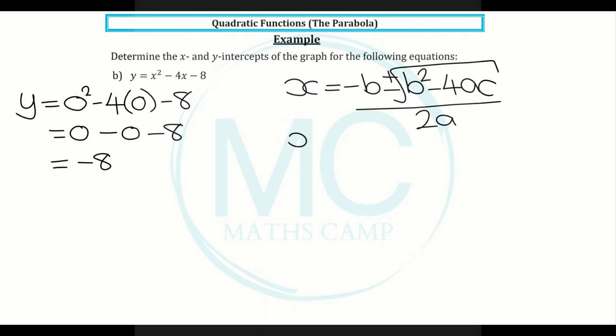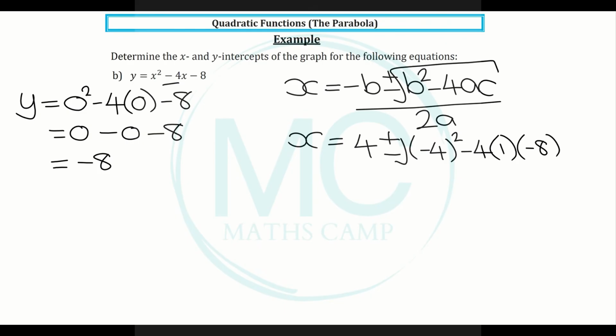Now we can say x is equal to, b is negative 4, so negative b becomes positive 4, plus or minus negative 4 squared, minus 4, multiplied by a, which is 1, multiplied by c, negative 8, all under a root, all over 2 multiplied by 1, which is 2.